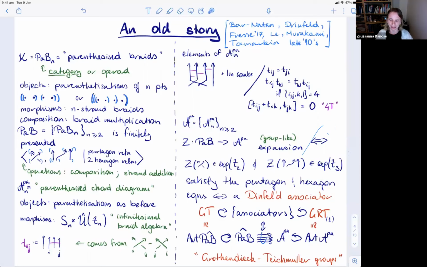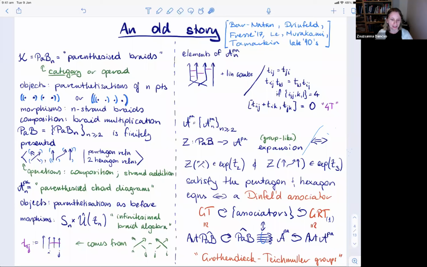I just wrote down some of the most prominent names in alphabetical order: Dror Bar-Natan, Drinfel'd, Lam, Murakami, Tamarkin in the late 90s. And then there's also an operad point of view on this subject, which is written down in great detail in a book of Benoit Fresse from 2017.